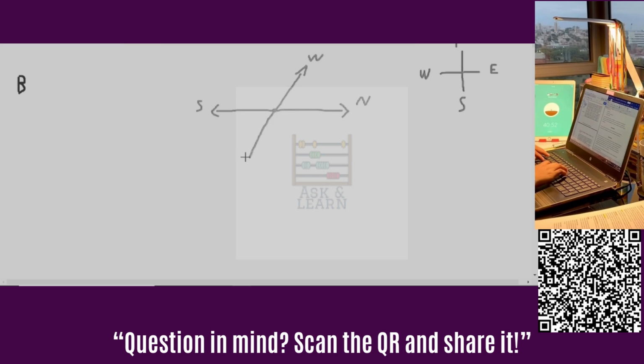Now I'm doing this because this is a three-dimensional problem they're having us do. So I'm going to draw it with the three-dimensional axis. So here's the compass laid flat. Now we have two other dimensions, which is up and down. So this makes a 3D graph.